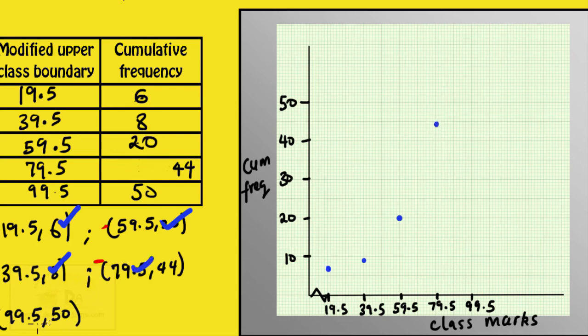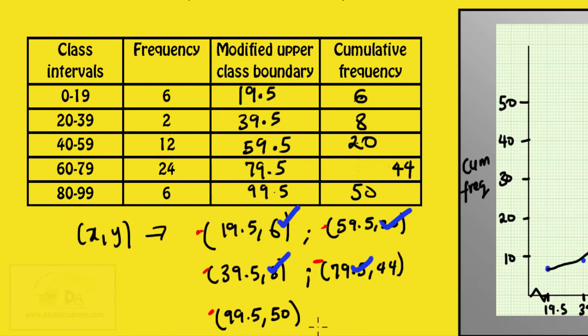And 99.5 and 50. So this is the cumulative frequency curve. There you have it. Simple stuff.